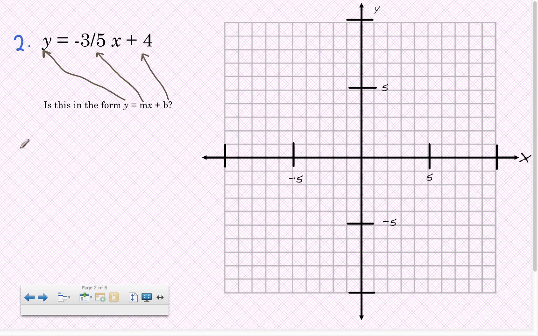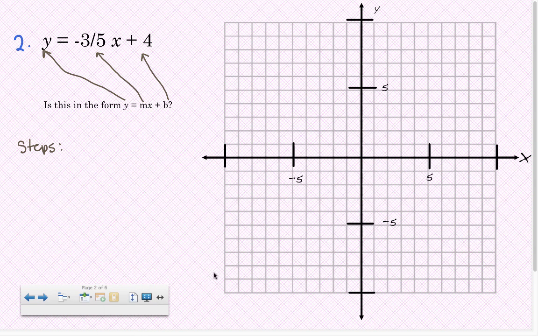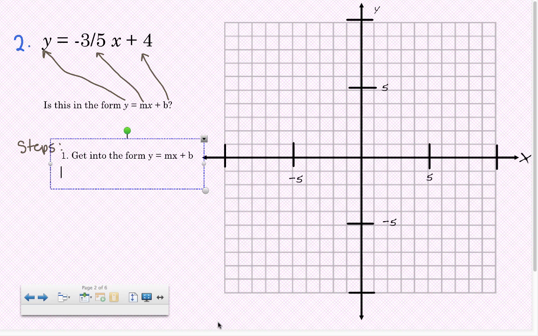So, steps to doing this. We get into the form y equals mx plus b. Done.